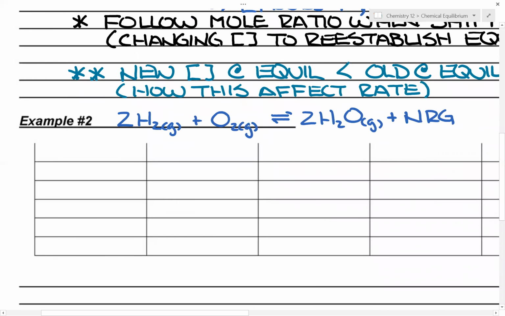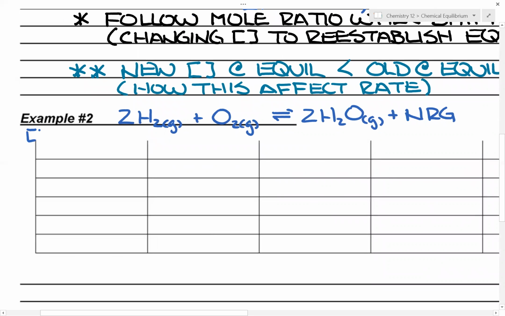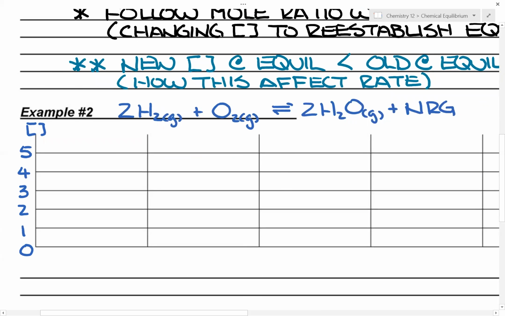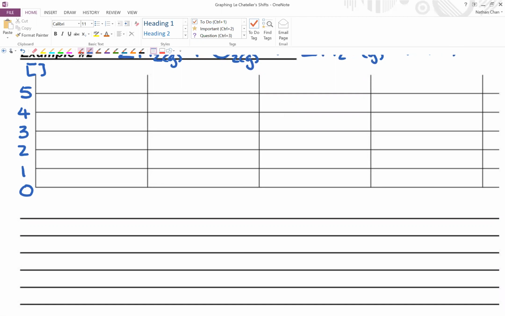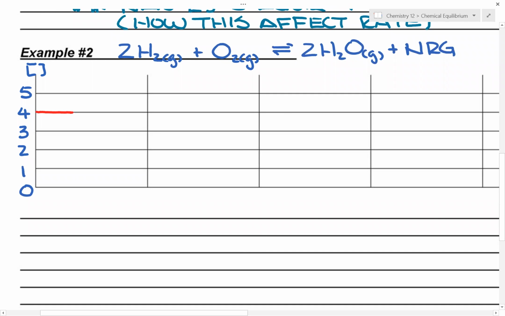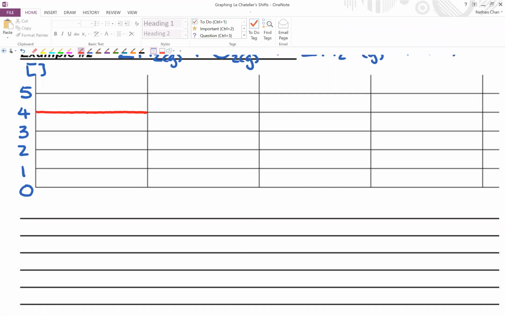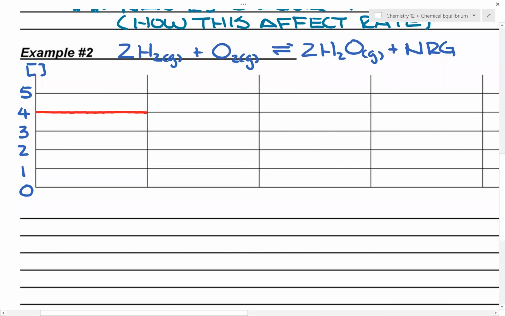Again, if we set up our concentration here, we have 0, 1, 2, 3, 4, 5. Now, let's put the colors in here. Let's put one red up here. Let's put one green here.